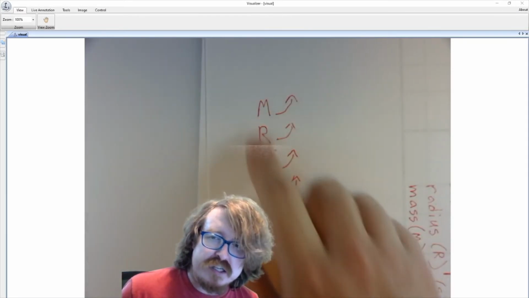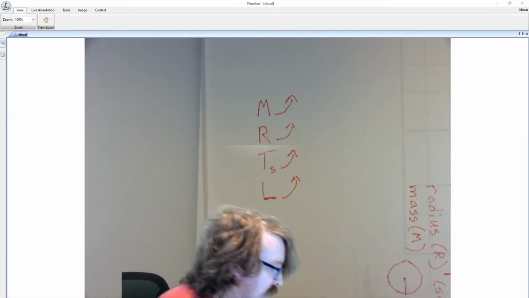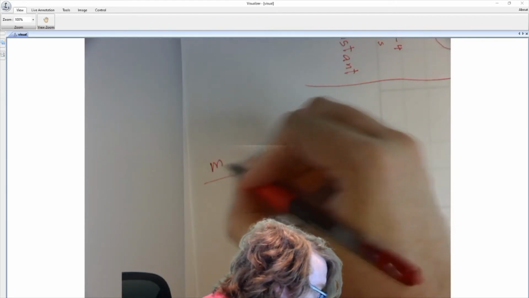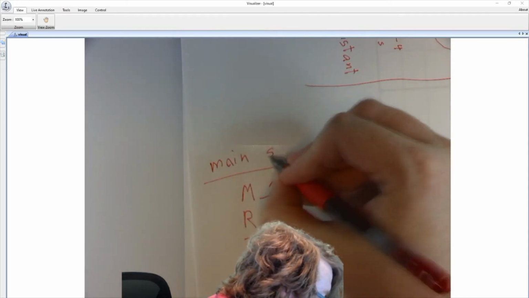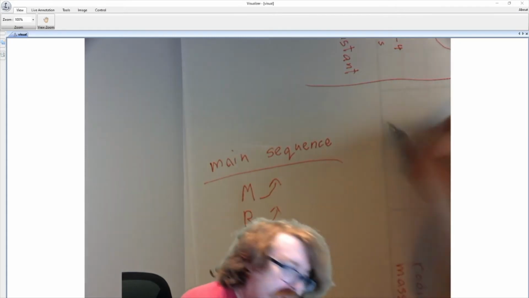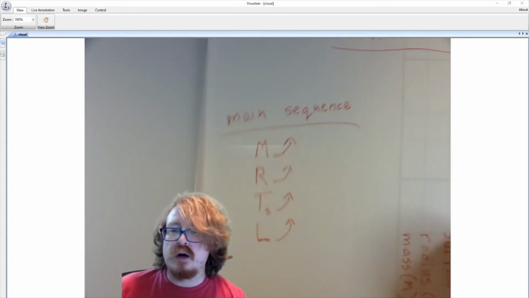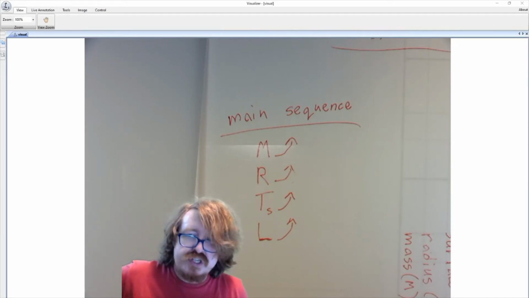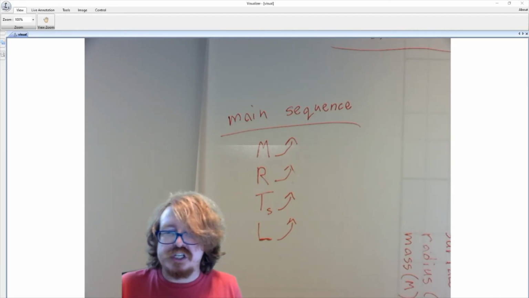This is for stars like our sun, which we actually call main sequence stars. This is just the name that we give to stars like our sun. In other words, stars that haven't started to die yet, stars that are still fusing hydrogen in their cores.